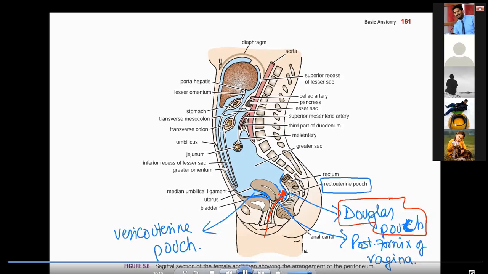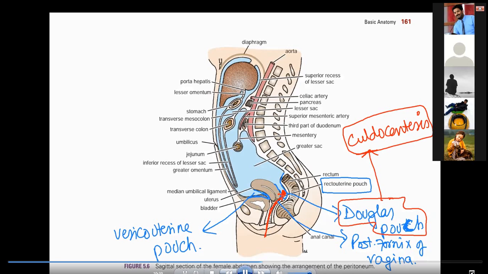Okay, and this process is known as culdocentesis. Okay, it is known as which process? Culdocentesis.